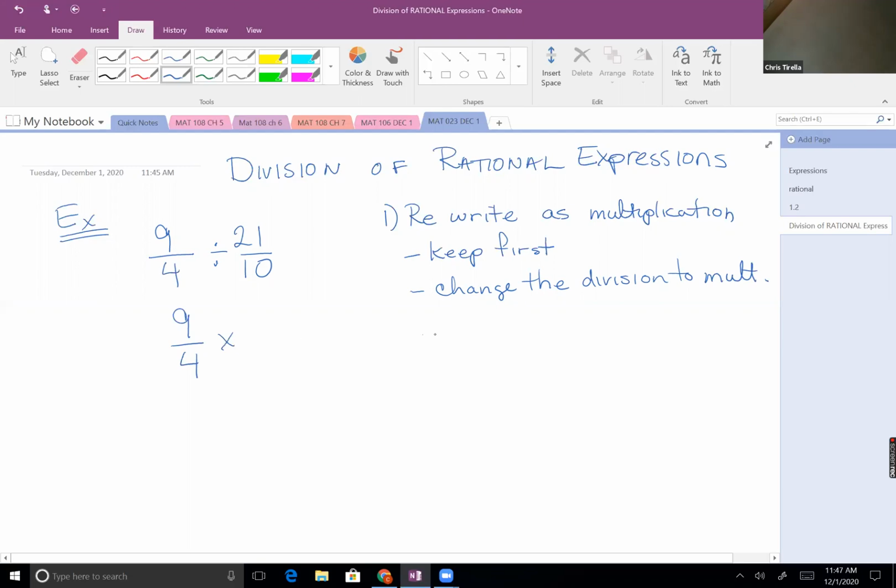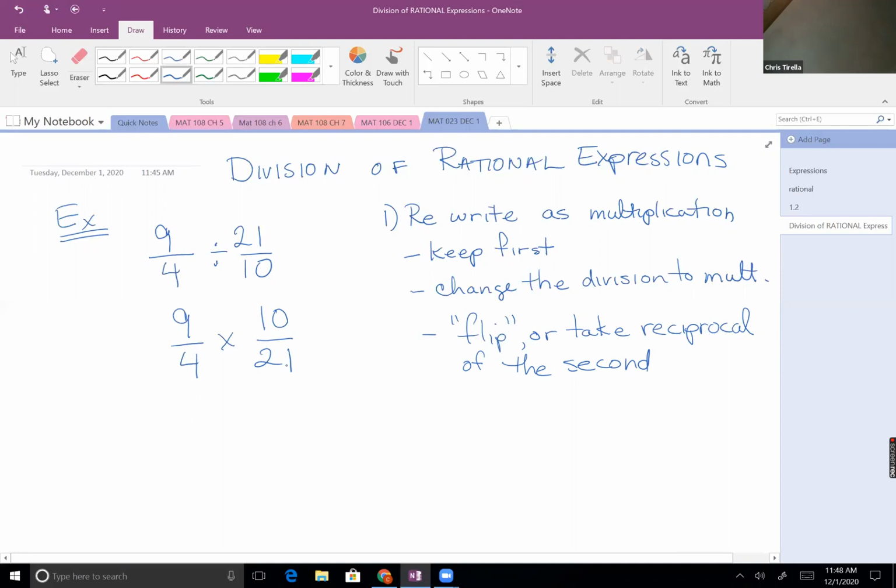And then you flip, or take the reciprocal, of the second fraction. How do you spell second? Oh boy, I missed a letter there. So the reciprocal of 21/10 would be 10/21.